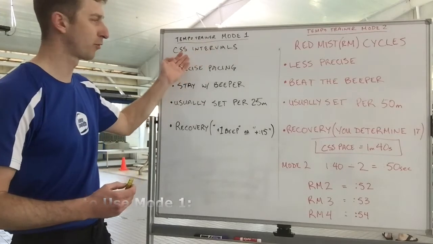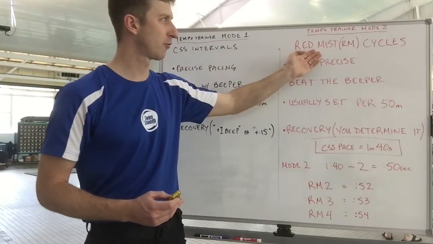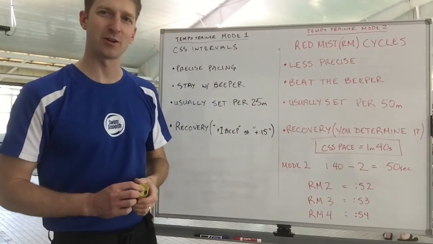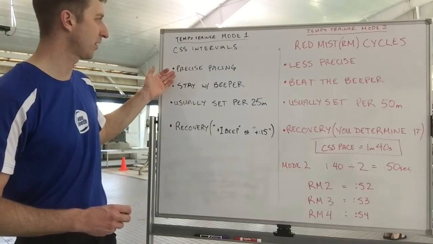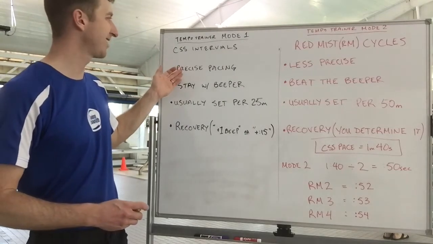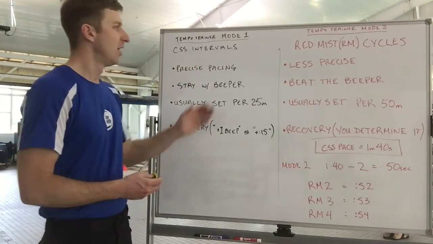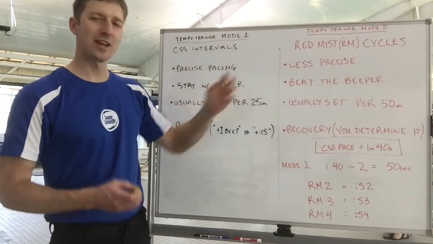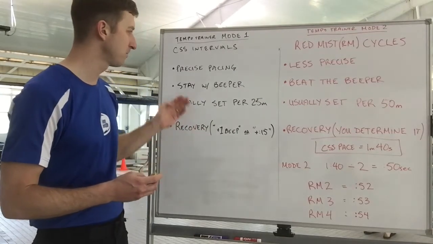Mode 1 we use for what we call CSS intervals. Mode 2 we use for something called red mist cycles or RM cycles. Over here using the CSS intervals, we're executing very precise pacing. Using the red mist cycles, it's going to be a little bit less precise, and I'll explain in a minute here.